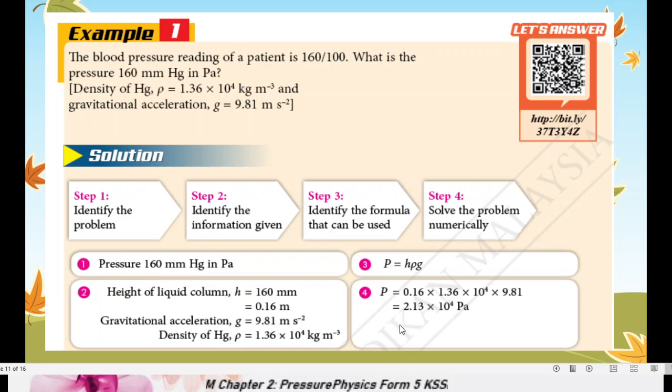For this one it will become 21.3 kilopascal. So this is how we convert the unit. Given, for example, in millimeter mercury, we can use the formula H rho g so that you can convert to Pascal or SI unit.